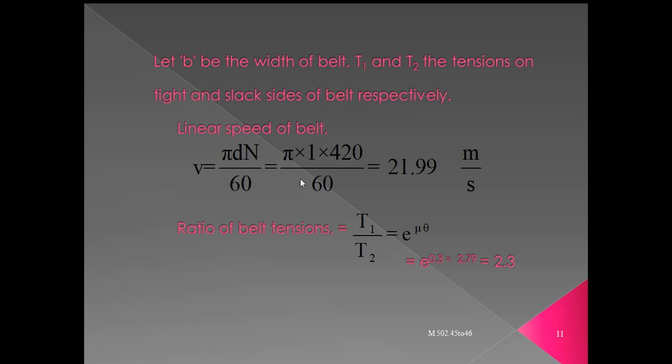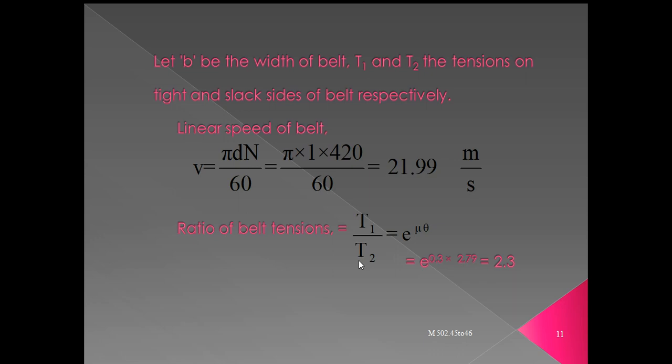It is equal to 21.99 meter per second. Ratio of belt tensions T1 by T2 equal to e power mu theta. So that is equal to e power 0.3 into 2.79, equal to 2.3, is the ratio of belt tensions T1 by T2.